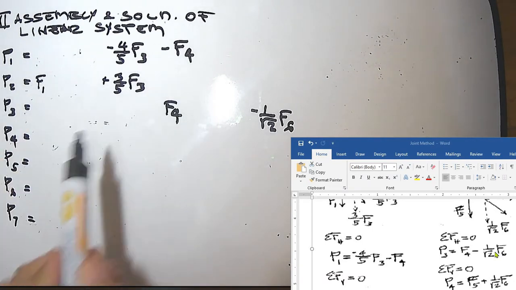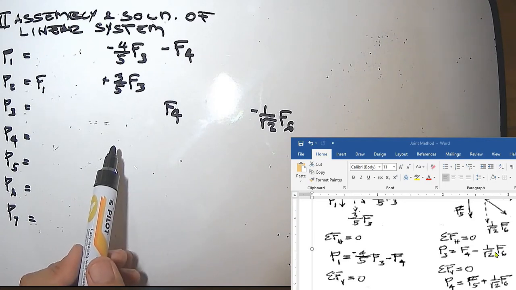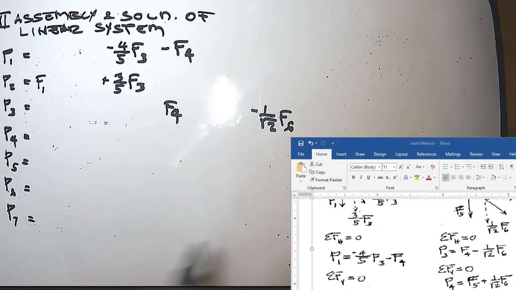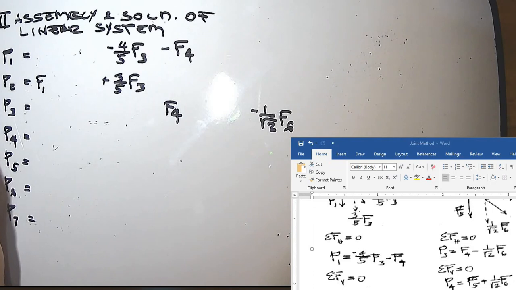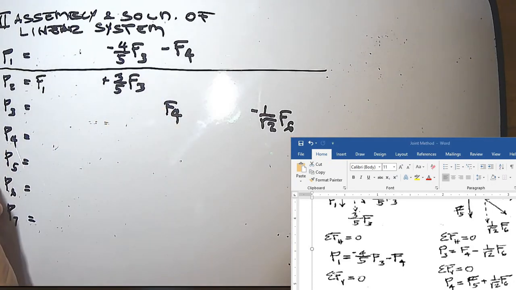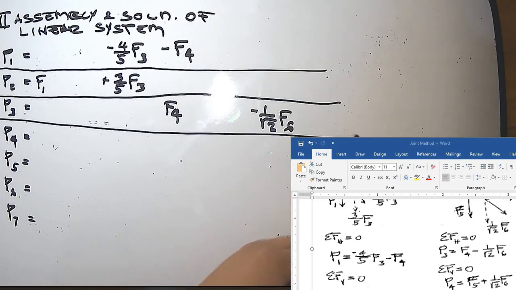Merong sikreto sa pag-arrange nitong or sa pag-assemble nitong linear system. Okay, so, paano yung technique dito? Unang-una, kailangan magkakatapat yan. So, lagyan ko ng line dyan. Then, maglagay ako ng line dito. Tapos, ayan, ano? Next is, pagtatapat-tapatin natin ngayon si F1, okay?